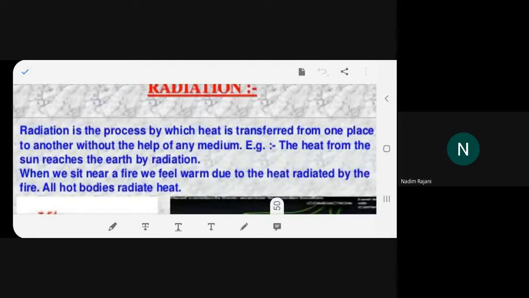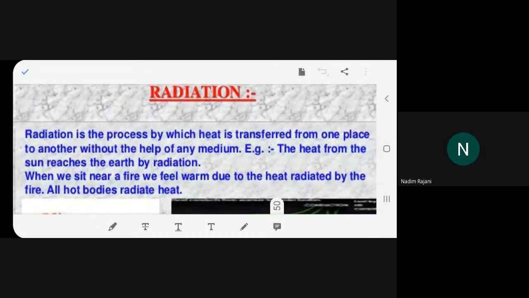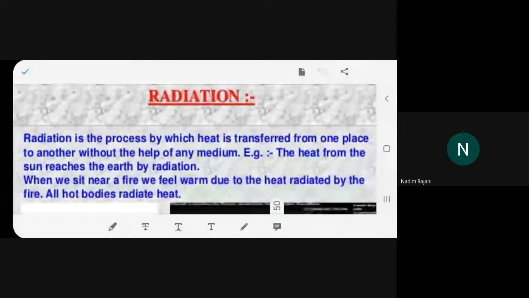You have to read properly without any mistakes, beta. Then you read, please. Yes, ma'am, I will try. Okay, carry on. Radiation. Radiation is the process by which heat is transferred from one place to another without the help of any medium.